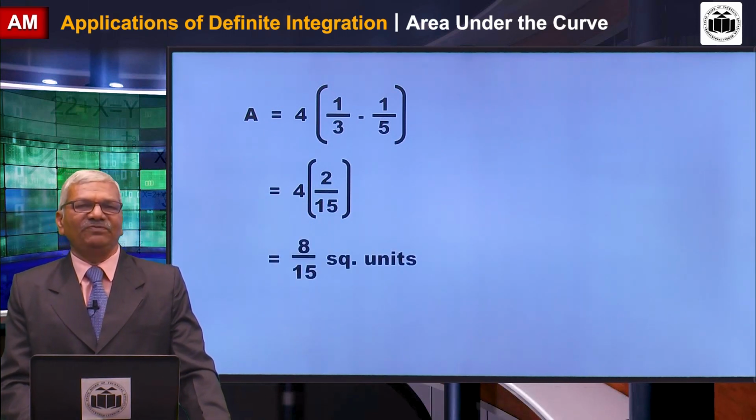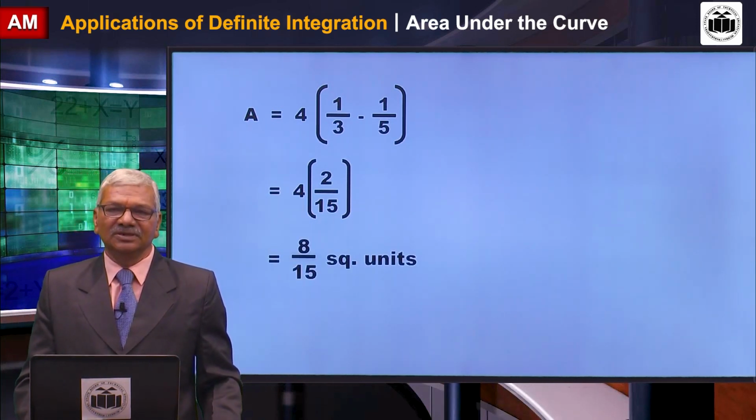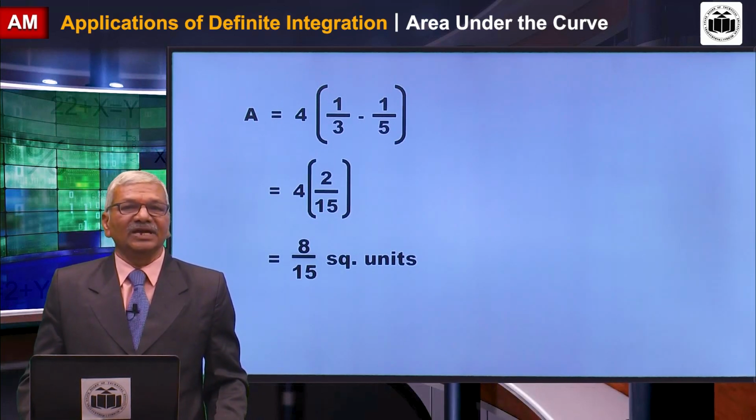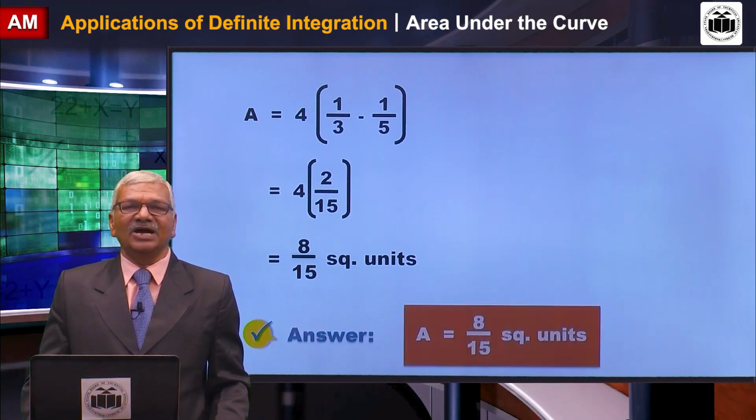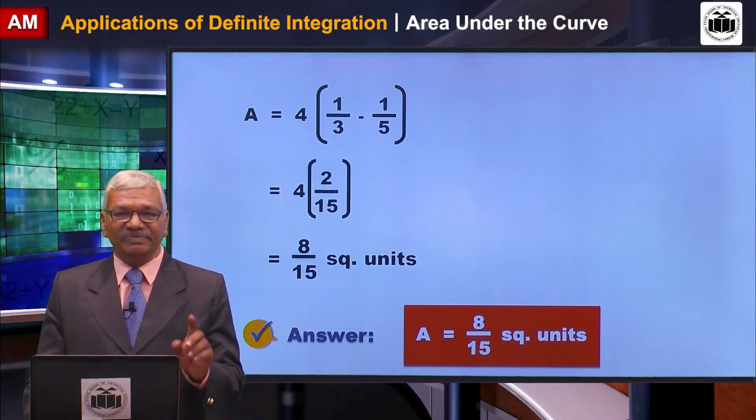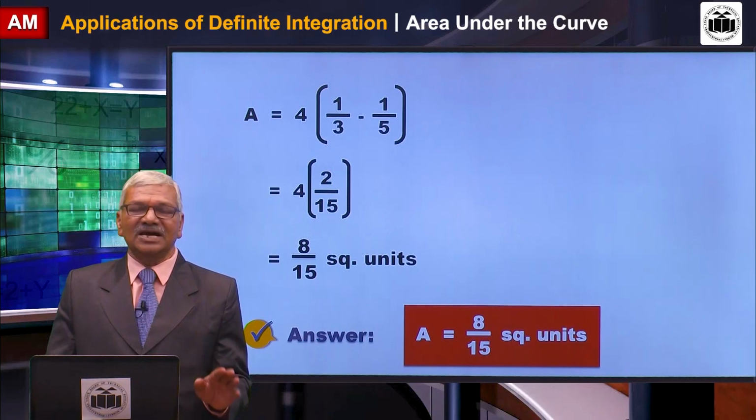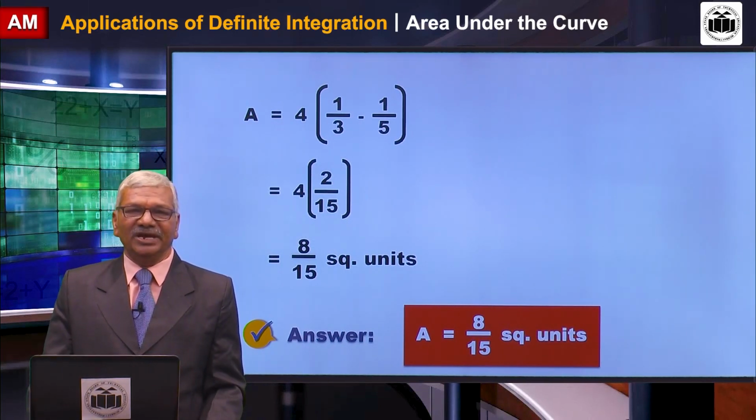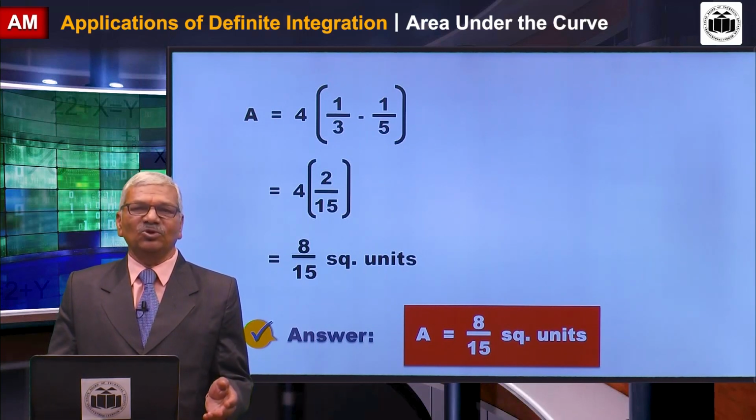Right, 8 by 15 square units. What is the area here? Area of the loop is 8 by 15 square units. Understood? So remember, if there is an example of a loop, how to find it. Okay, you can do 1 or 2 examples of loops at home simply by changing the equation.